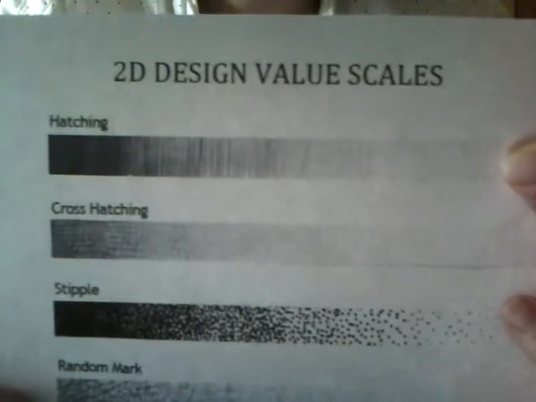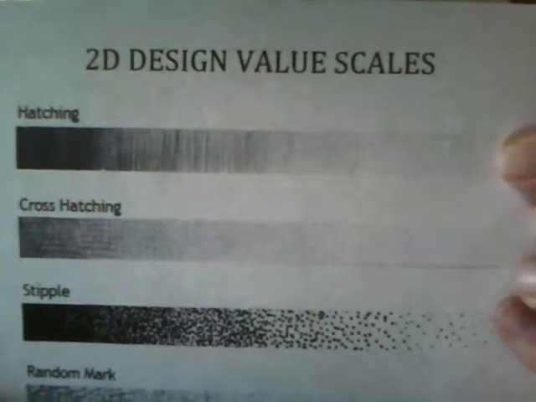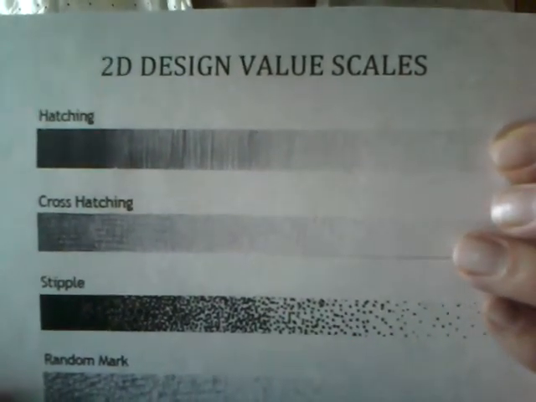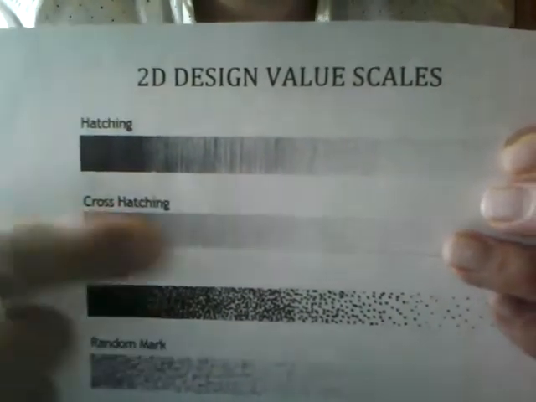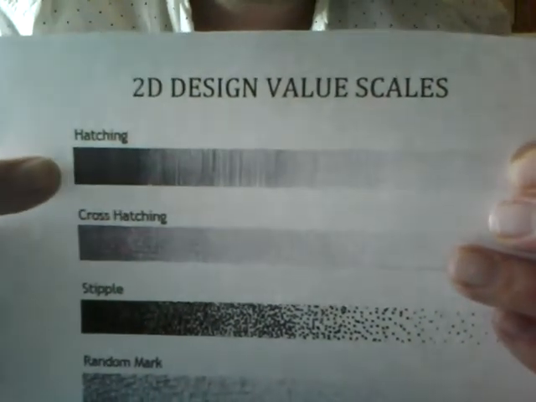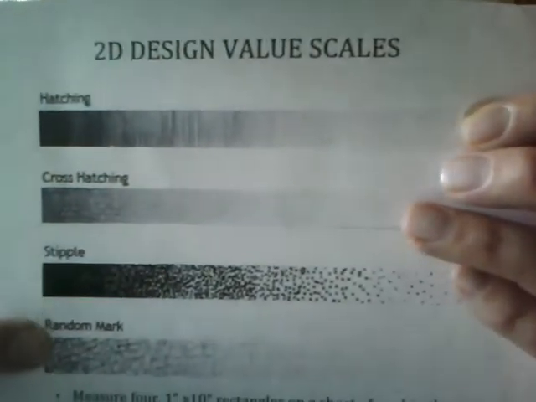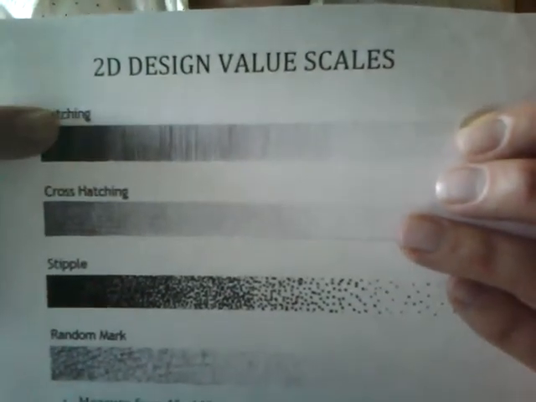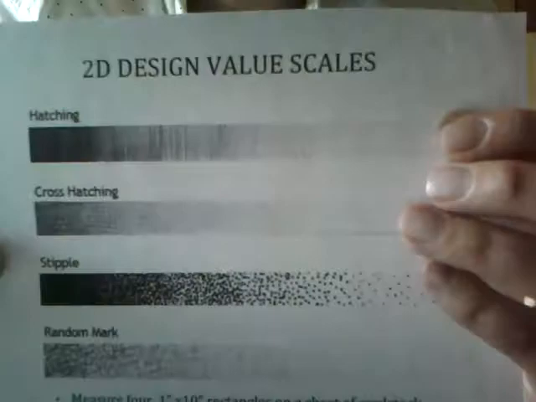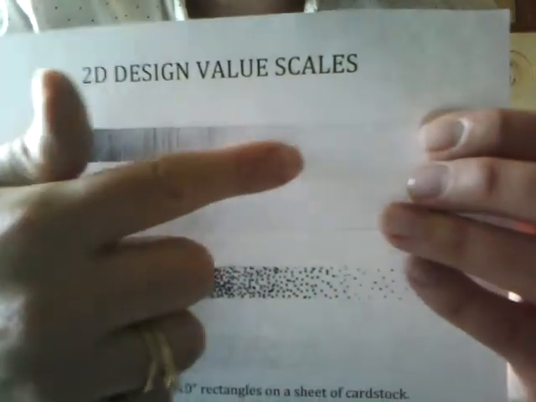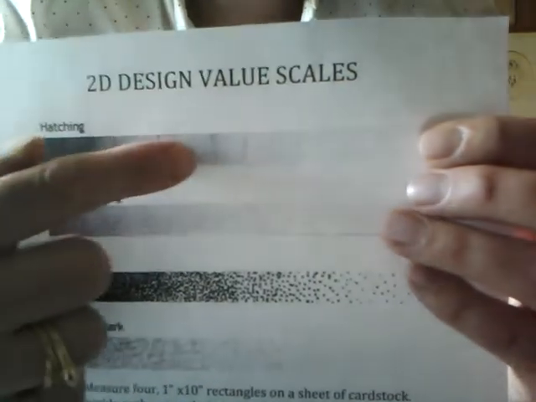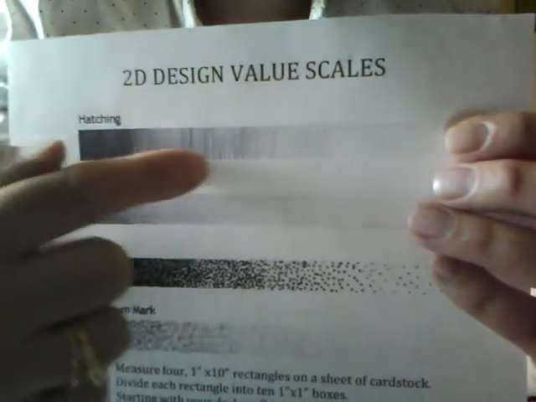Now when we look at hatching, what we see is basically a concentration of consistently vertically applied lines. And we can see that the range of all of these charts here goes from black all the way to white. And these are continuous gradations, so we could have maybe even 100 individual values within each of these charts.